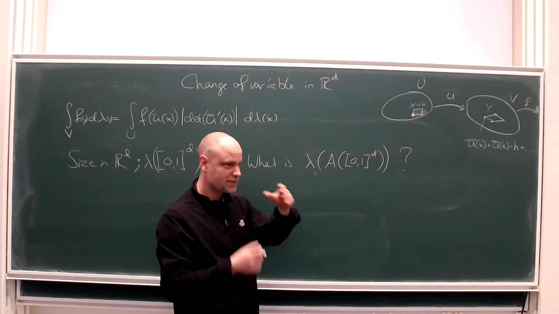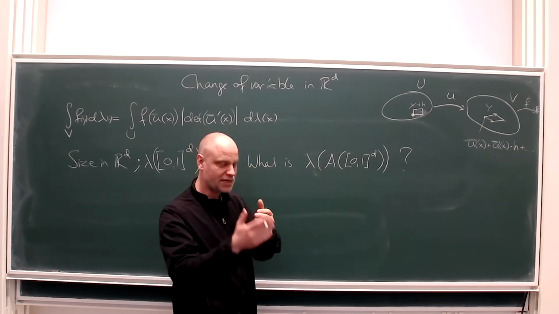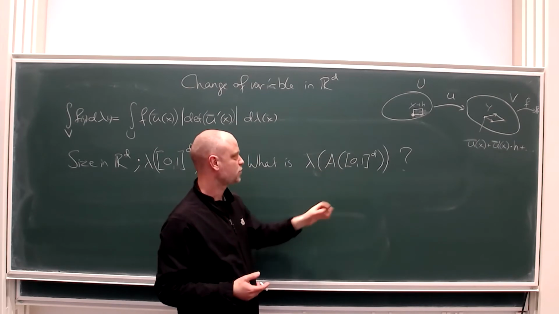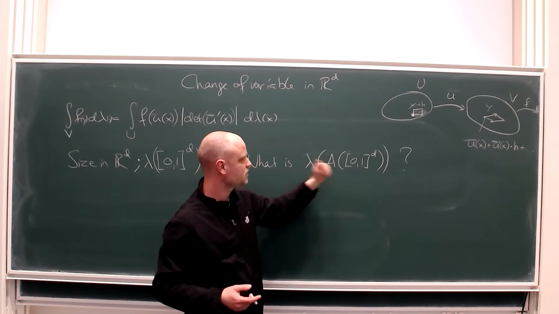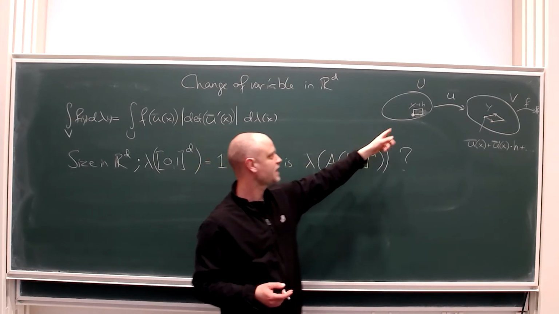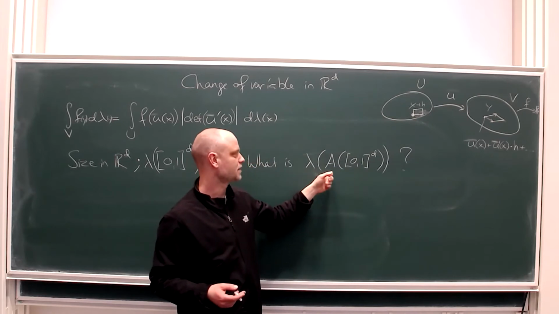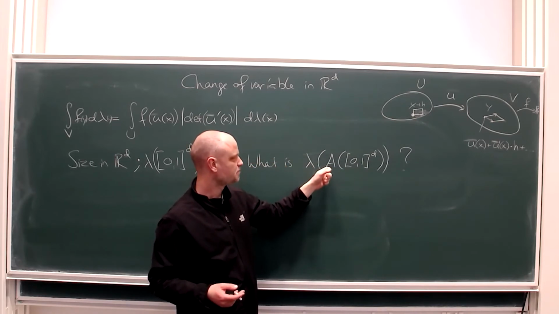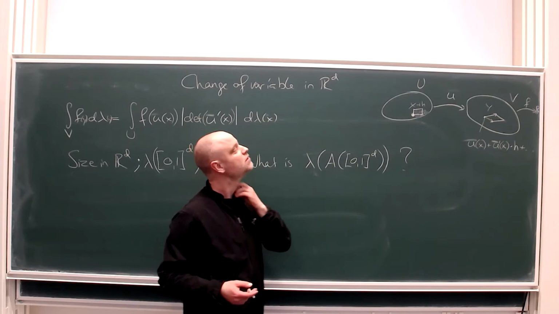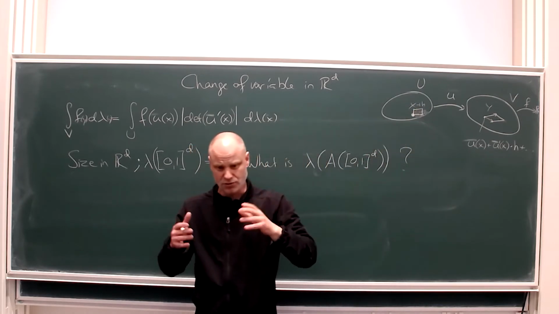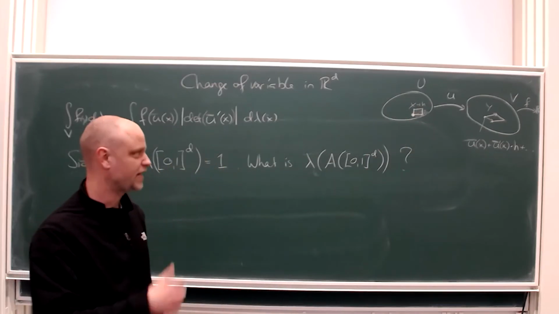So its size is naturally linear in each dimension, respectively. So if we know what size this gives, then by just multiplying by the side lengths, we can easily get the size of A applied to a higher dimensional box with any sort of side length.